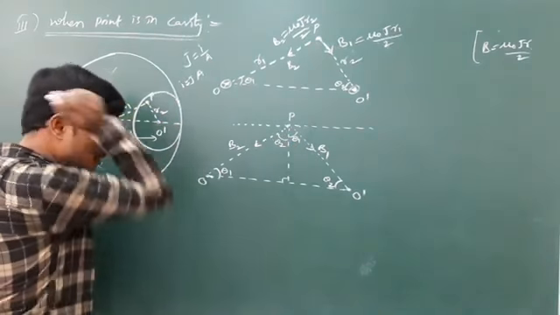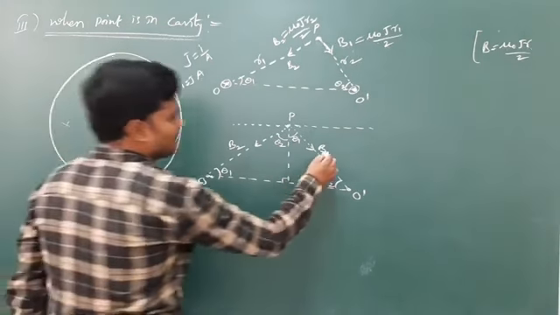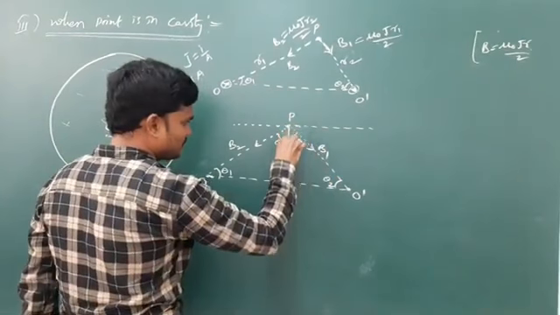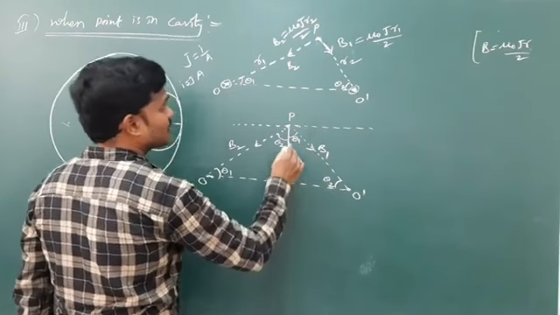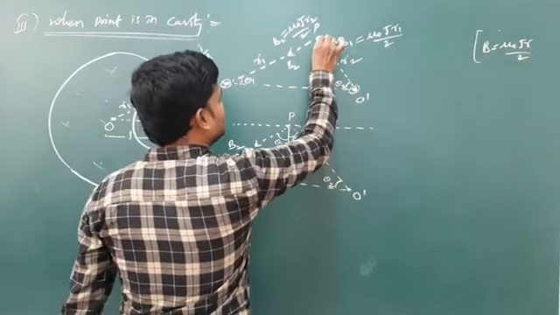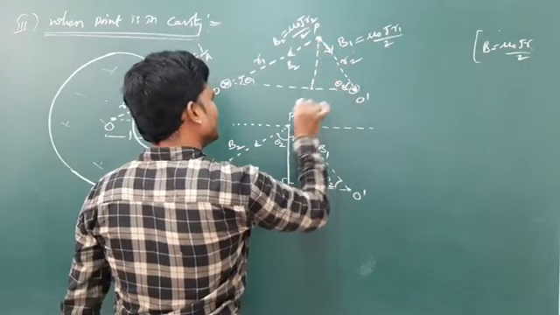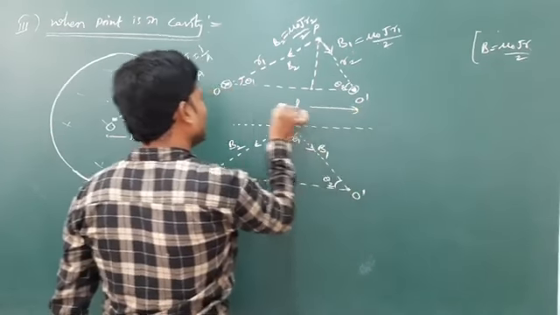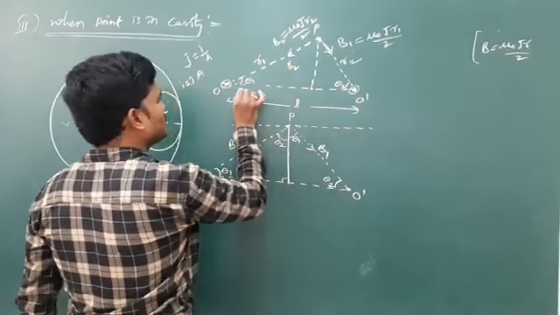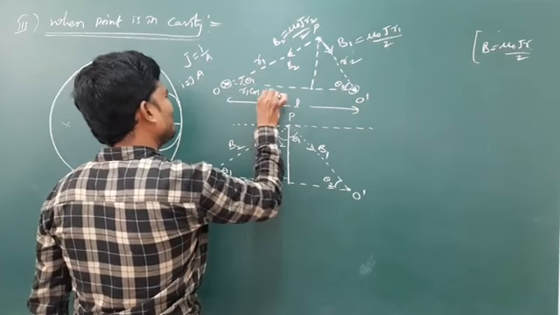Verify correctly. Now resolve the B into two components. Entire length is L. What is this? R1 cos theta 1.